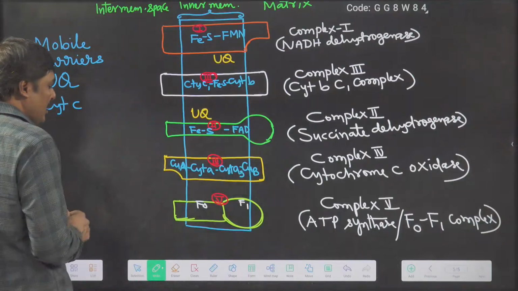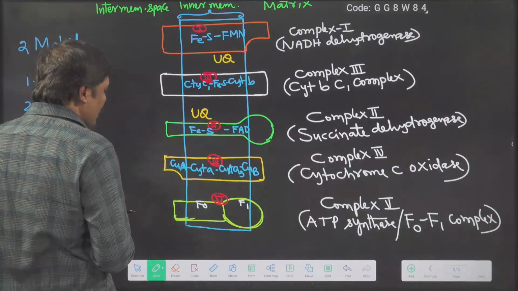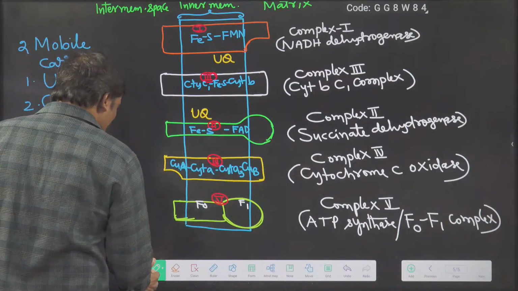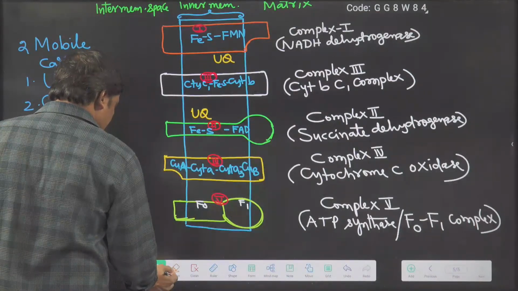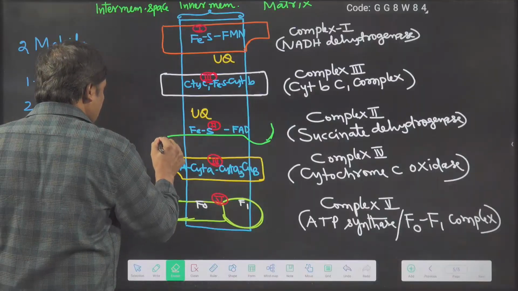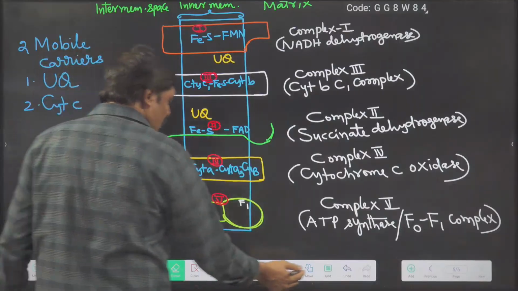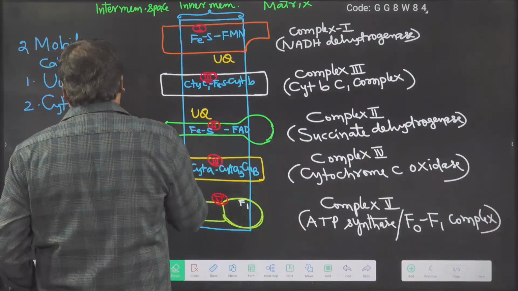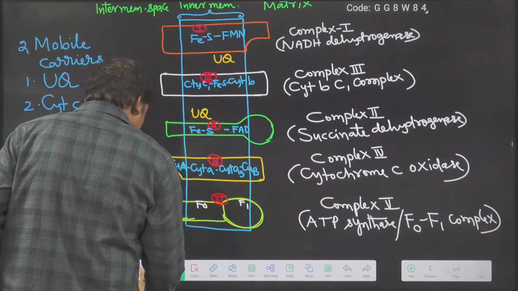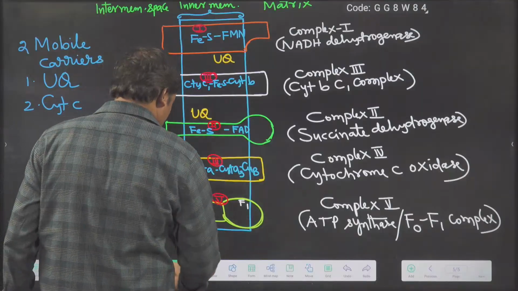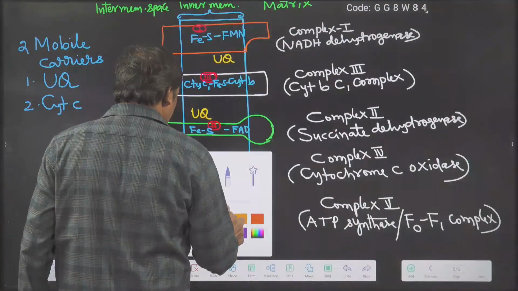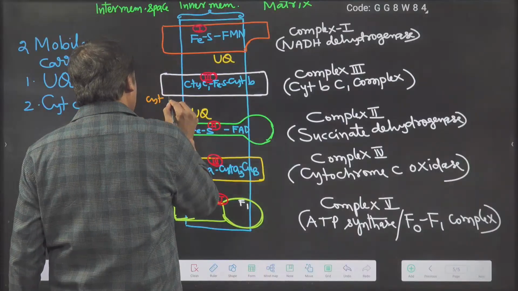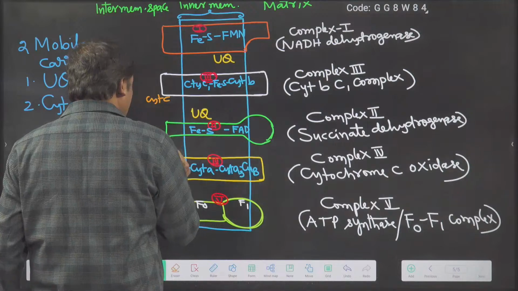And the location of cytochrome C is between complex 3 and complex 4. I will draw, see carefully here, all of you.